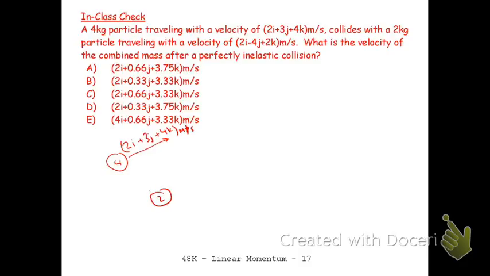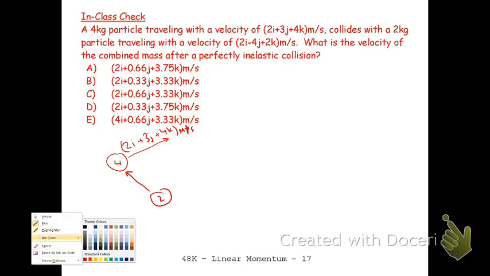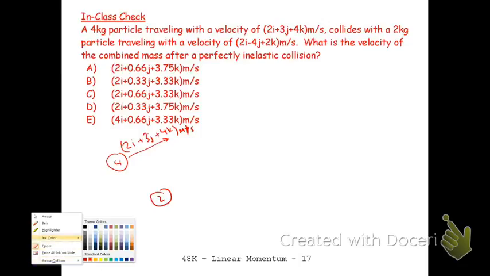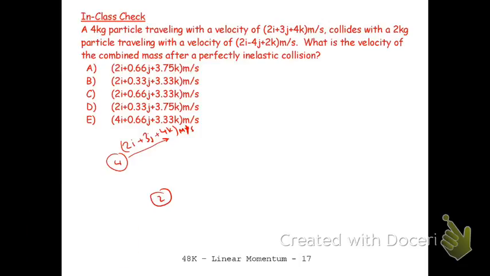Let's say that's going up like that. They're going to miss like that, so I should have them trying to reach each other. So it goes like that, and that's going to be 2I minus 4J plus 2K meters per second.